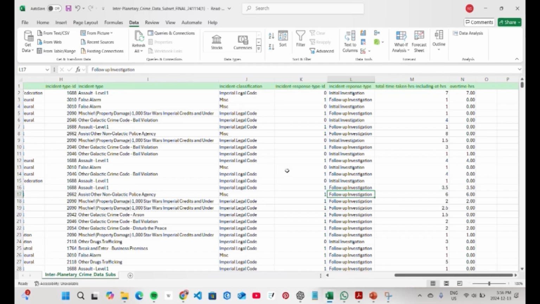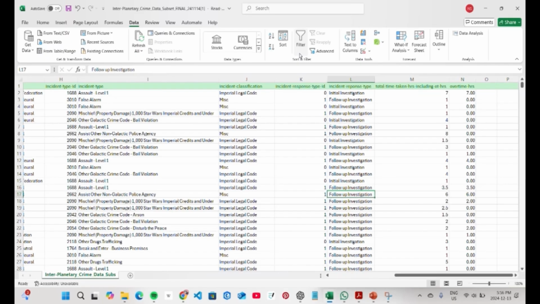We noticed a pattern, as this column is correlated with this column. For every initial investigation, it's given a 0. And for every follow-up investigation, because these are the only 2 types of responses of incident, it's given a 1. So it was easy for us. We went to our data tab, chose filter, and were easily able to select accordingly and replace those values to make a meaningful impact.